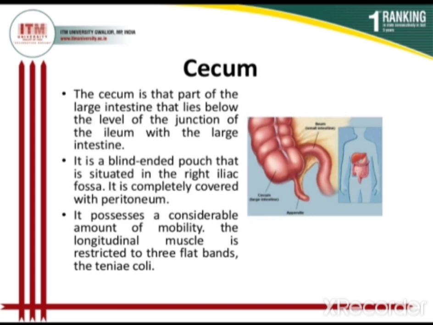It is a blind-ended pouch situated in the right iliac fossa. It possesses a considerable amount of mobility. The longitudinal muscle is restricted to the 3 flat bands, the teniae coli.